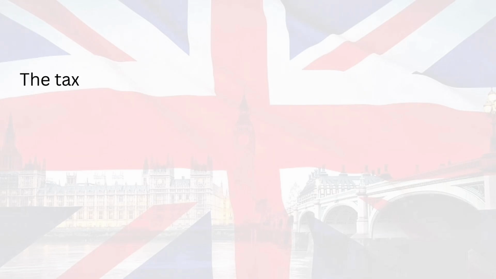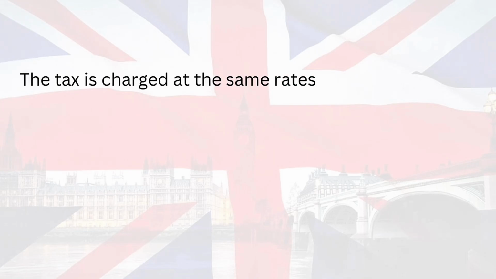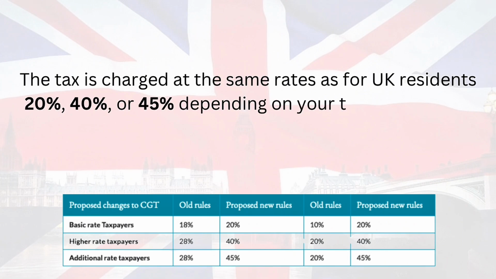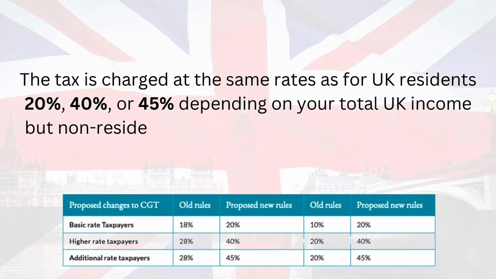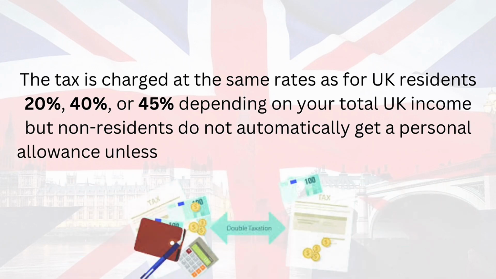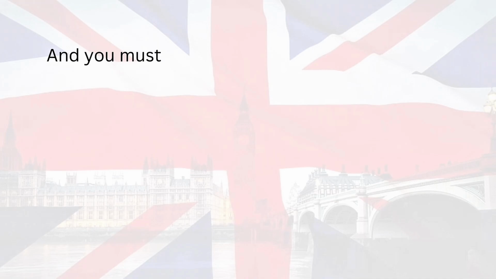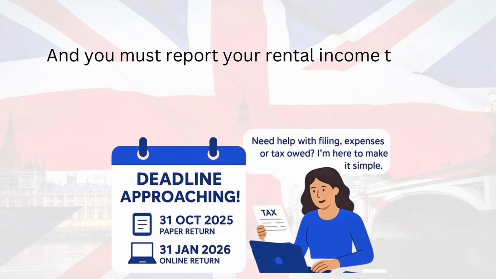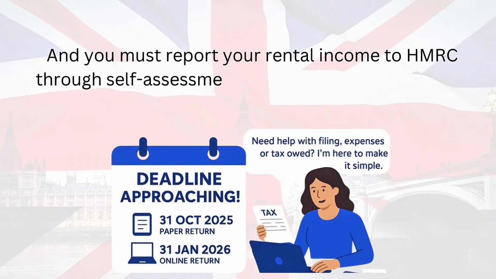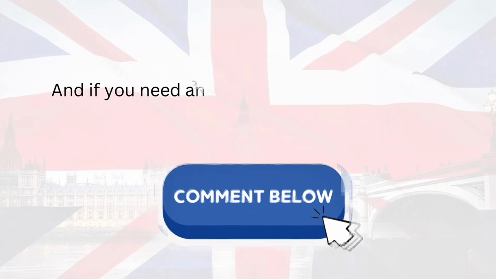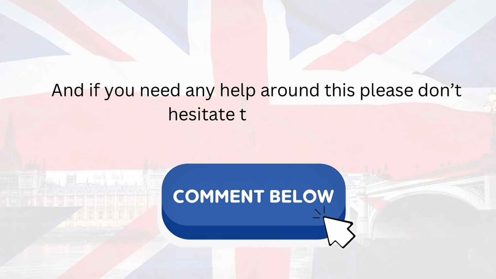The tax is charged at the same rates as for UK residents, which is 20%, 40% or 45% depending on your total UK income. But non-residents do not automatically get a personal allowance unless they qualify under a double tax treaty, and you must report your rental income to HMRC through self-assessment. And please do not forget the filing deadline is 31st January 2026. And if you need any help around this, please don't hesitate to reach out.